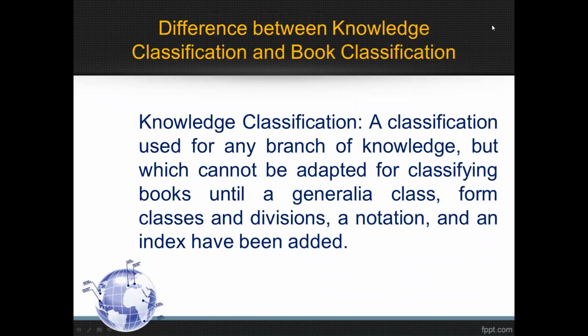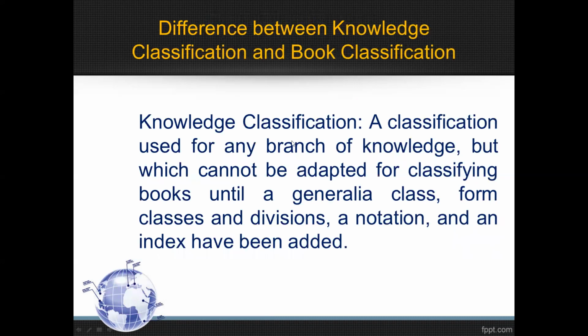Then let us see the difference between knowledge classification and book classification. As we have seen, knowledge classification is a branch of knowledge. A classification used for any branch of knowledge cannot be adopted for classifying books until a generally a class, form class and division, a notation and an index have been added.